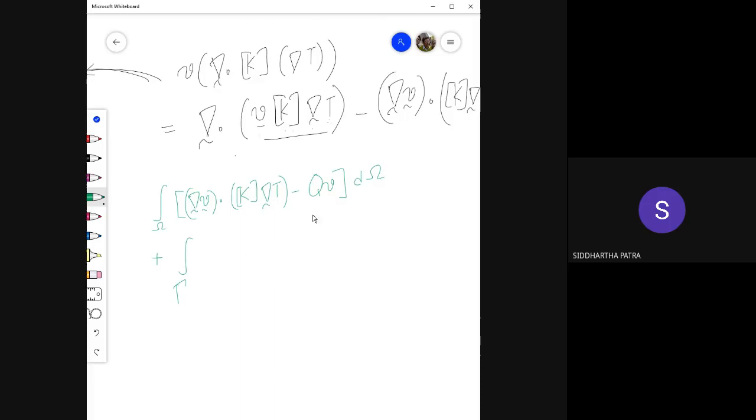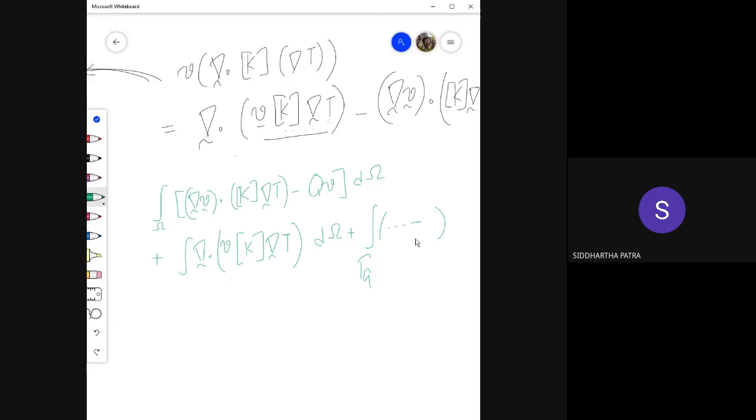So I'll be having another term which is the divergence of v k times grad of T, this whole thing, the divergence of that quantity, times d omega, plus another term which is the boundary term. So in gamma q, whatever boundary term that we wrote earlier would be there.